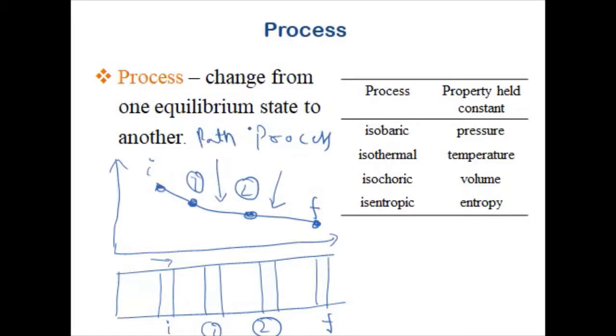This process can be at constant pressure, which we call an isobaric process. At constant temperature, it is an isothermal process. At constant volume, it is isochoric. At constant entropy, it is isentropic. Similarly, there are many properties you can hold constant, such as enthalpy and others.